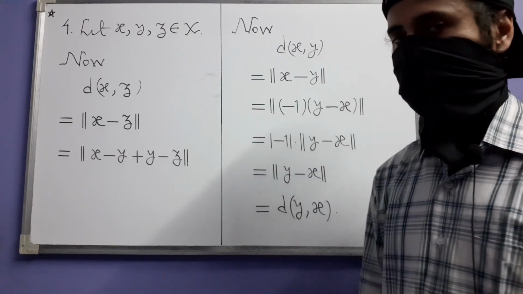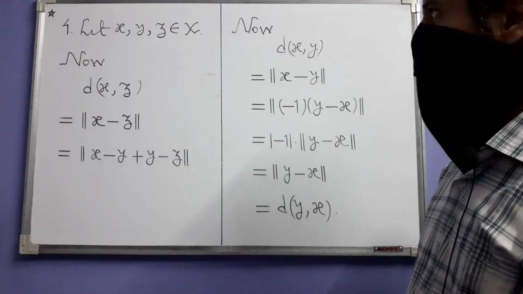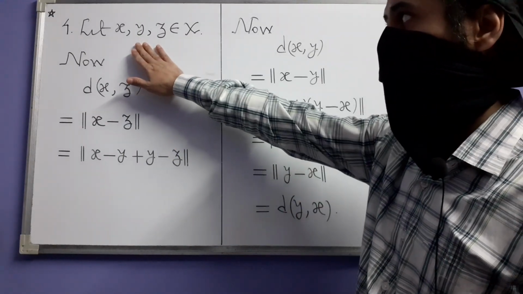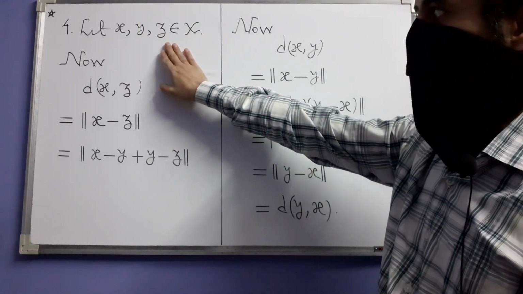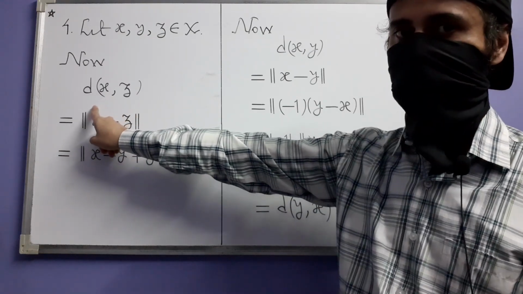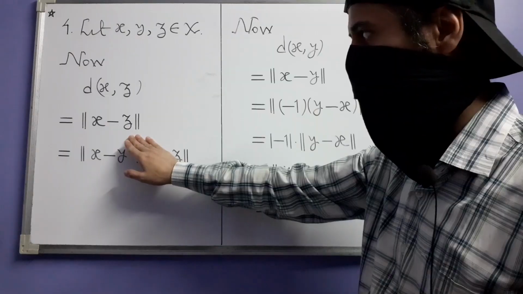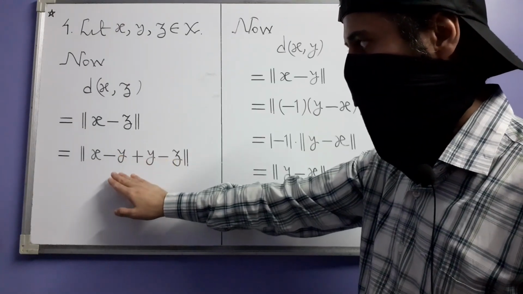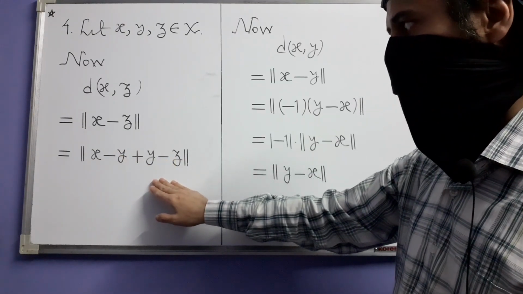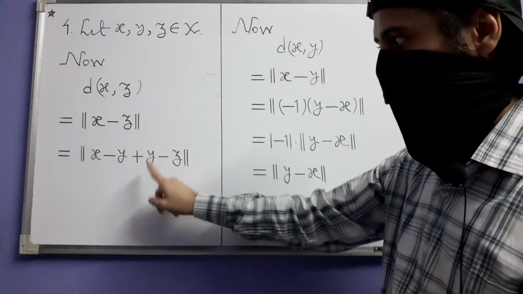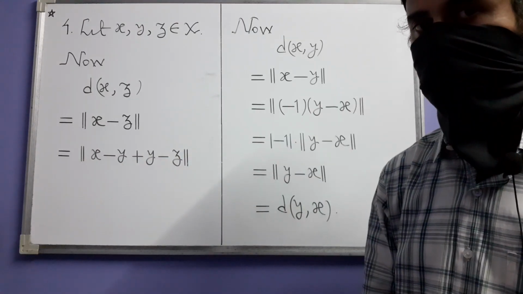And finally, we have another one, number 4. Here we consider 3 vectors, x, y and z. And say we consider d of x comma z. By definition, it's the norm of x minus z. Now you can write that as this also, introducing this intermediate minus y and plus y.